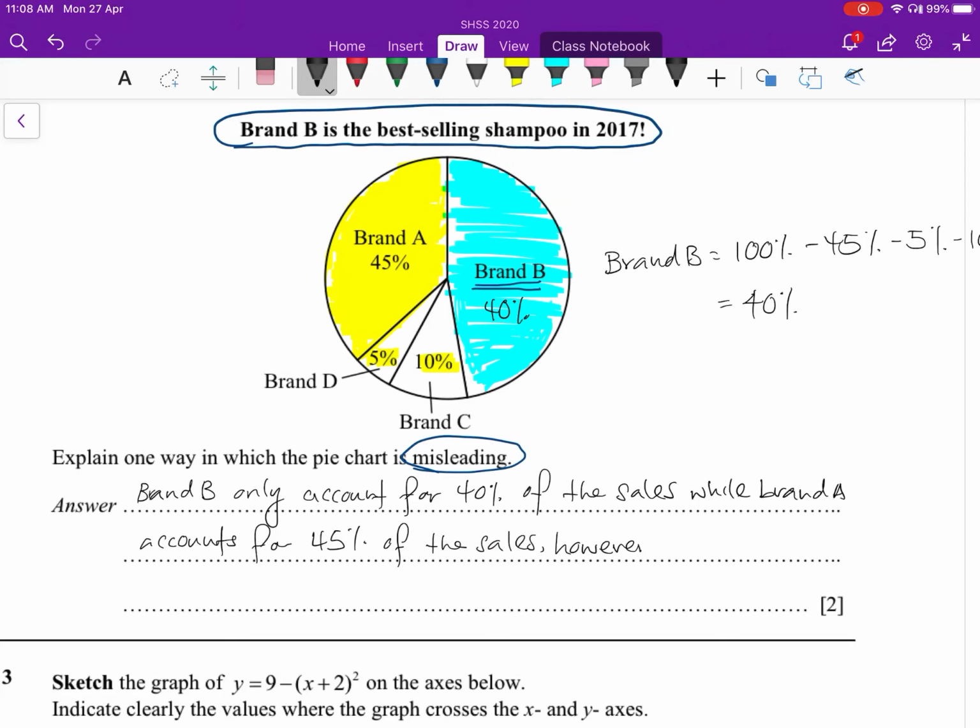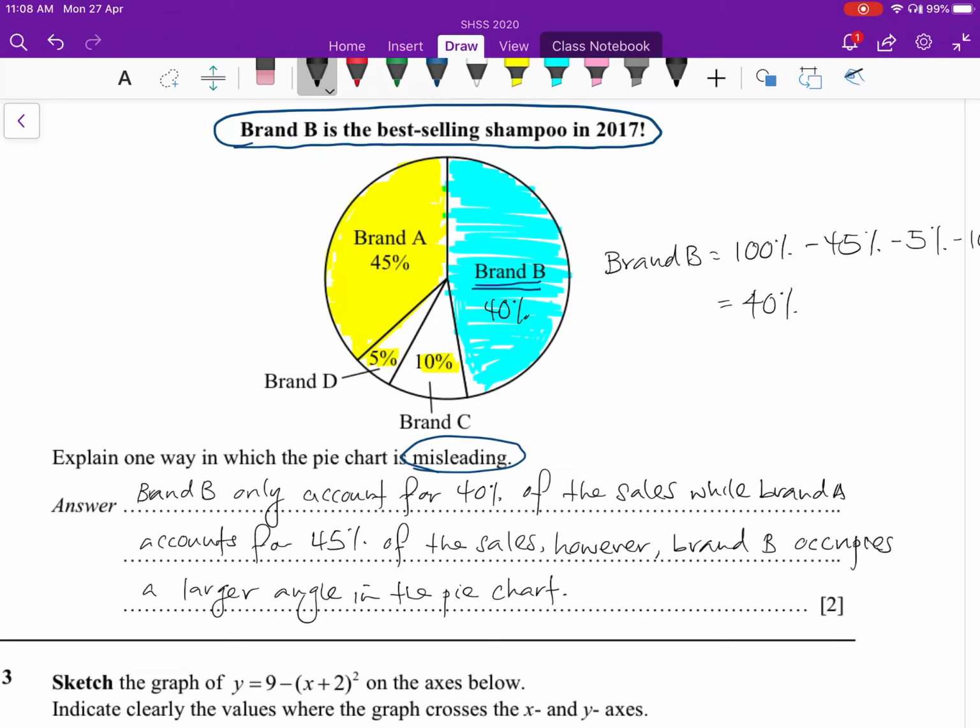However, brand B occupies a larger angle in the pie chart. So this is what is wrong.